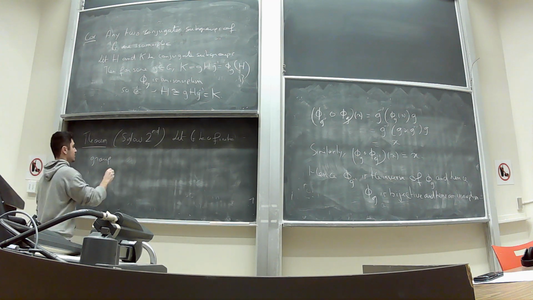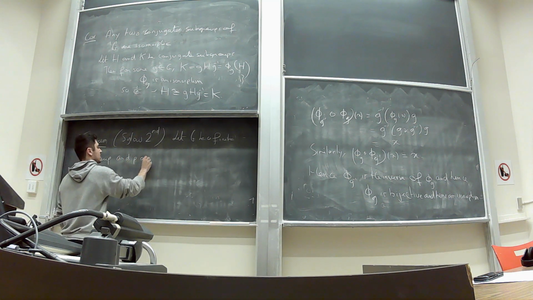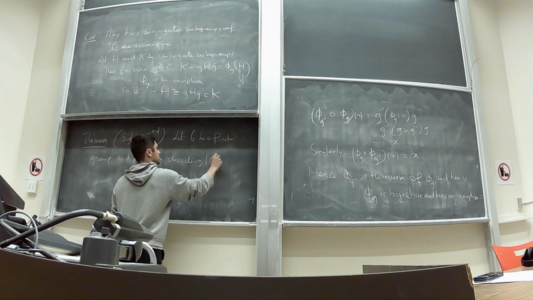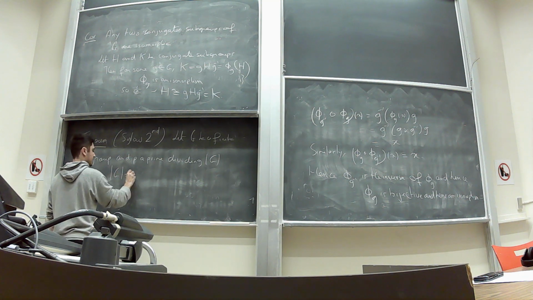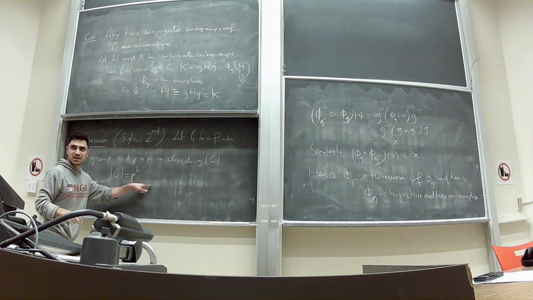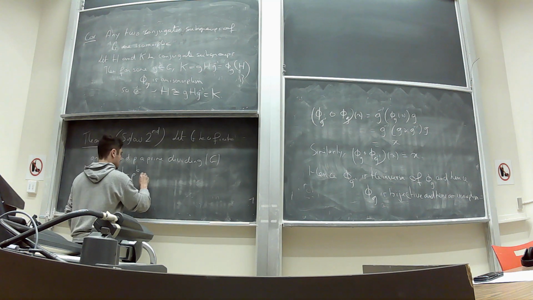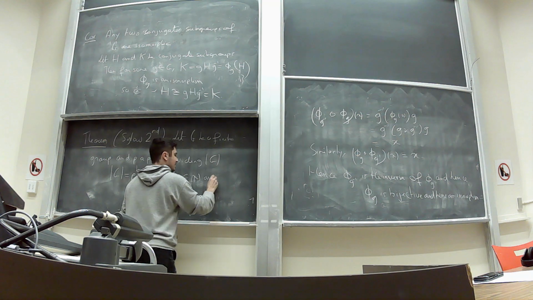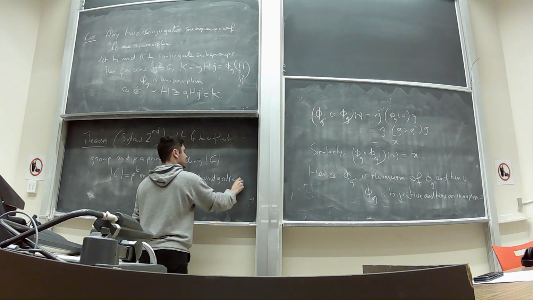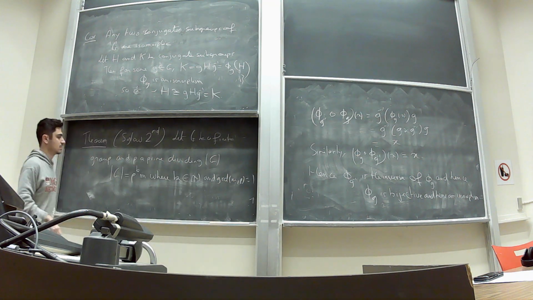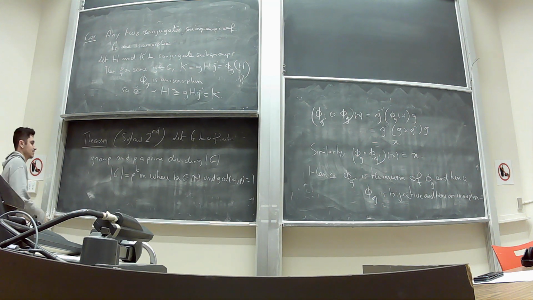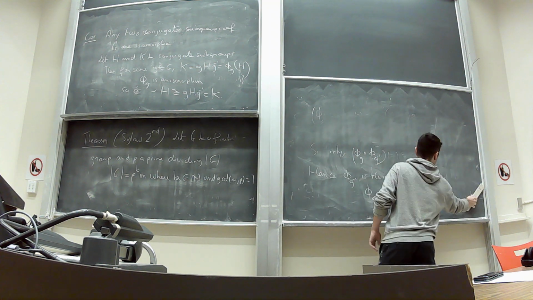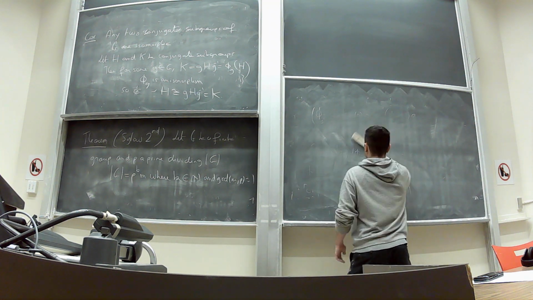Let G be a finite group, and p a prime dividing the size of G. Write the order of G as p to the k times m, where k is in N. Sorry, I'm just writing fast here because this is not really the statement, just the assumptions.